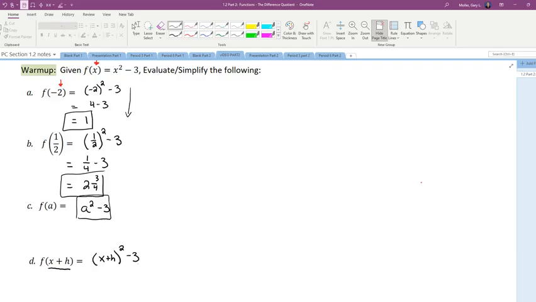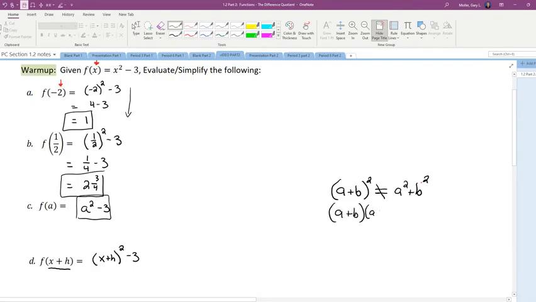And common error alert, like here we are, a plus b squared. We know that this is not what we want it to be, right? It is definitely not a squared plus b squared. It looks like it should be, but it is not, because this problem really says a plus b times a plus b, which we know means we have to FOIL.